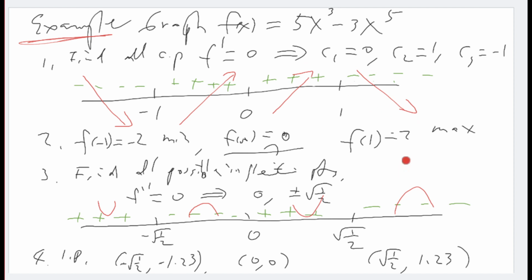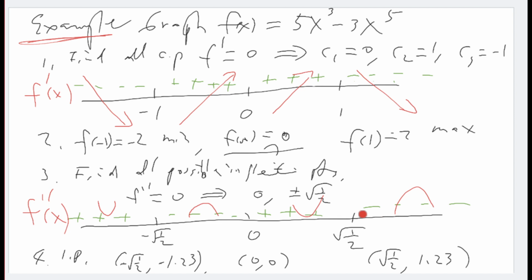We also come up with the concavity structure for this function. We set the second derivative to 0, find the possible inflection points, mark them, and do a sign chart. I do have to emphasize that here is the sign of f prime, and here is the sign of f double prime.